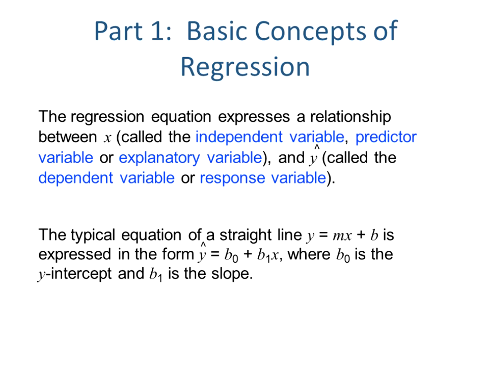The typical equation of a straight line in algebra, you remember, is y equals mx plus b. That's how we used to write an equation of a straight line. The slope was m, and the y-intercept was b.